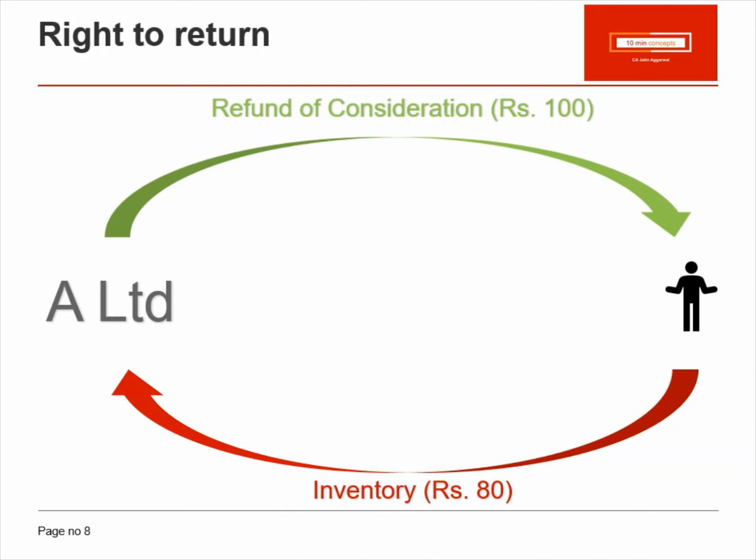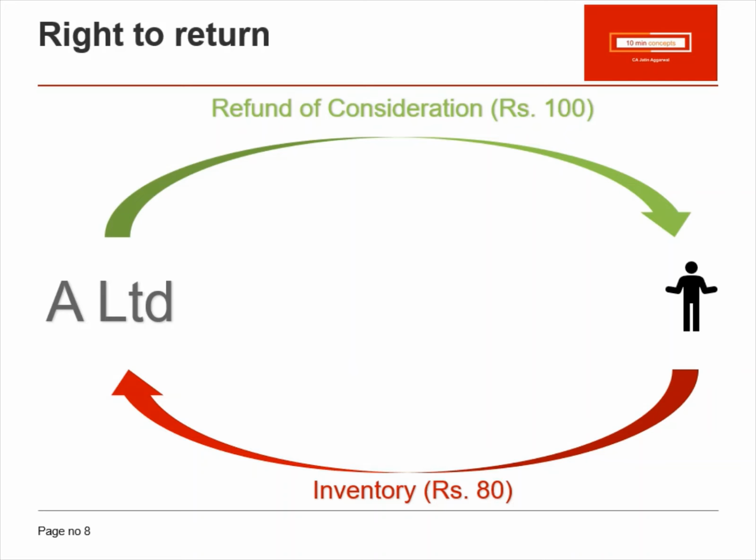Now, I would request you to concentrate on this returning unit once. If you look at the legal status of this unit, it is sold to the customer. Entity A is not having any control over this unit. Customer X is having a possession and control over this unit.